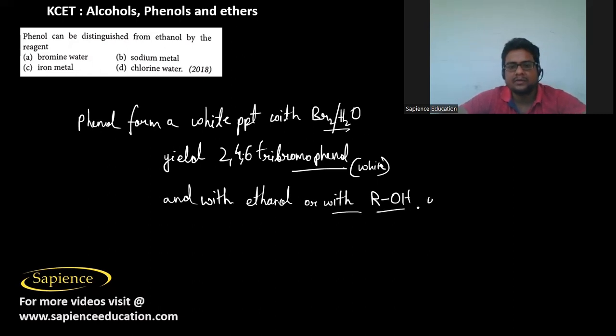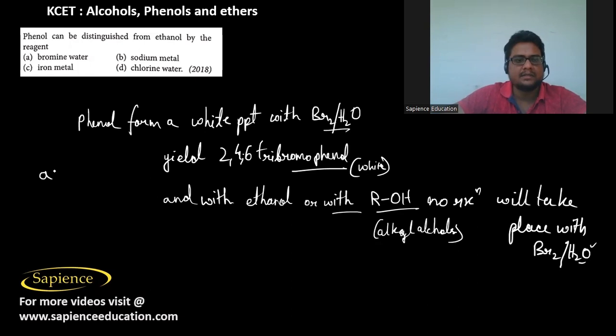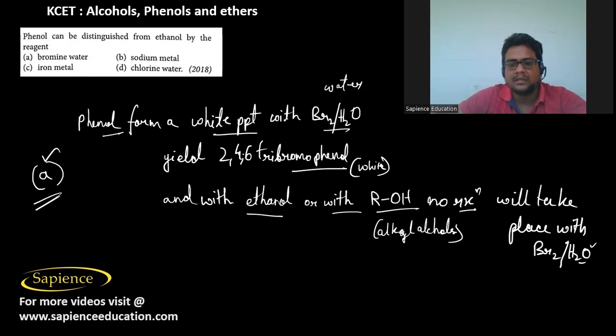With ethanol or with any other alkyl alcohols, no reaction will take place with the bromine water. So option A is the correct answer, since phenol will form a white precipitate with bromine water, and with ethanol there is no such reaction.